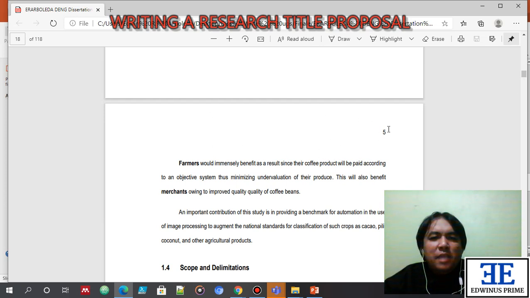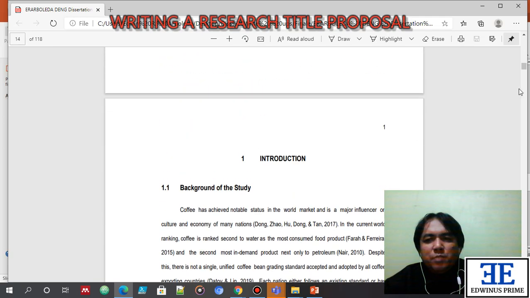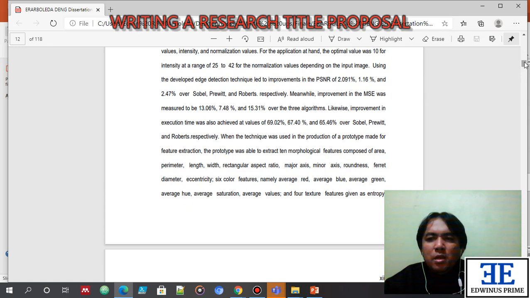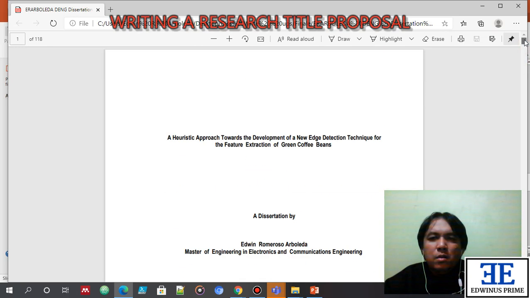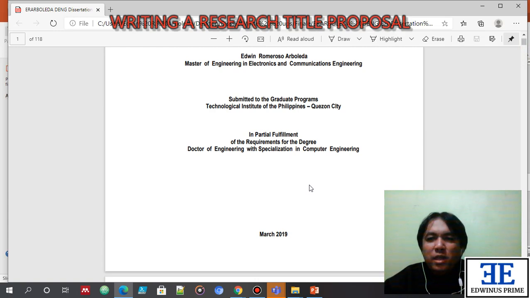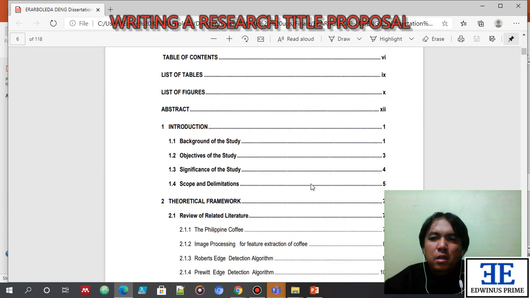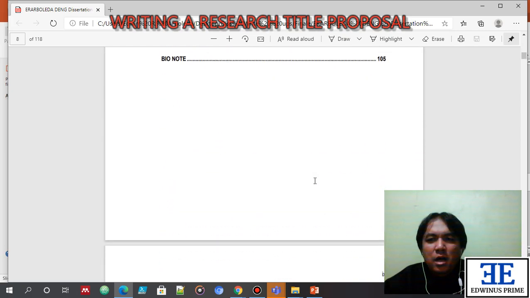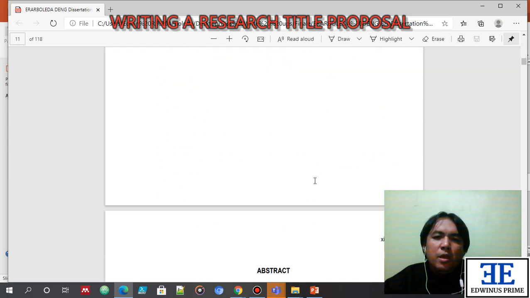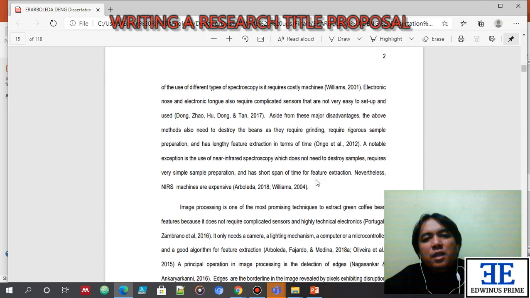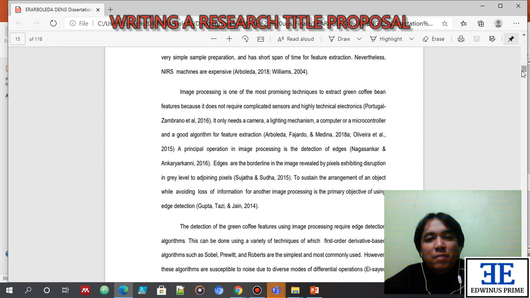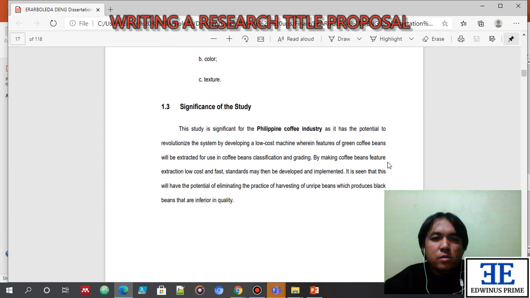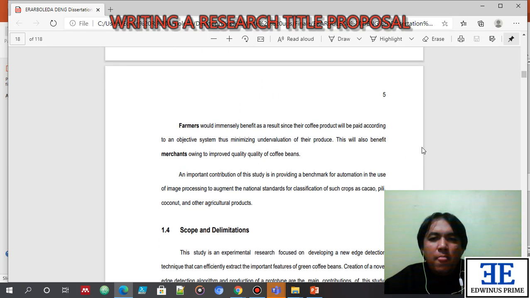The time is stated on the first page or the cover page, March 2019. But in the undergrad, most of the time the time and place of the study is written. And it depends on the format of the school.